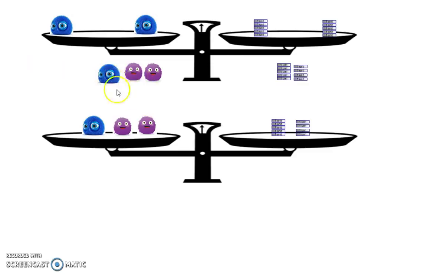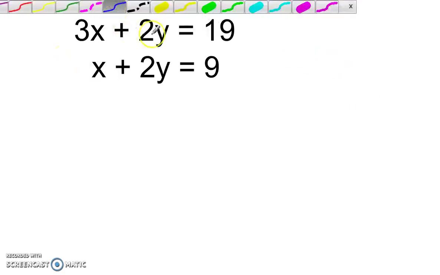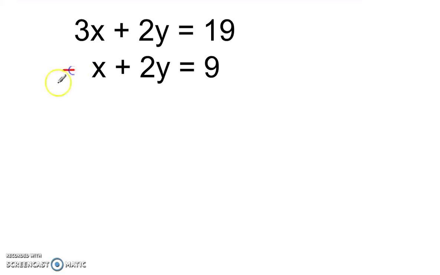Alright, so in algebraic terms, what that looks like is if you have an expression here, 3x plus 2y, we could solve this for x and use substitution, but another strategy would be we can subtract all of this right here. Now, if I subtract all of this from this expression up here, I do 3x minus x, that would leave me with 2x.